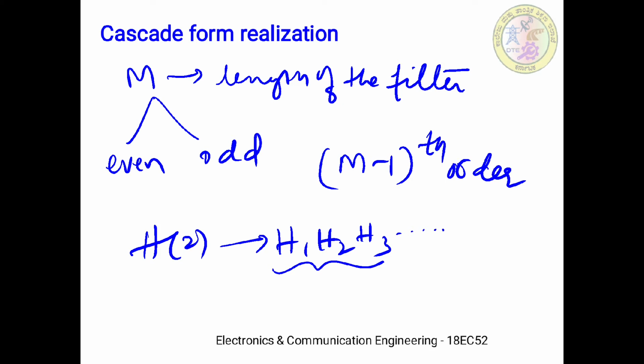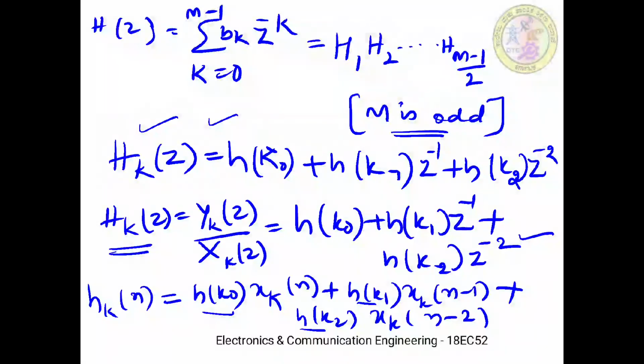In other words, the system transfer function h of z can be expressed as the product of second order factors. The general equation is h of z equal to summation k equal to 0 to m minus 1 of bk z to the power of minus k, where m represents the length of the filter. Now that can be even or odd.